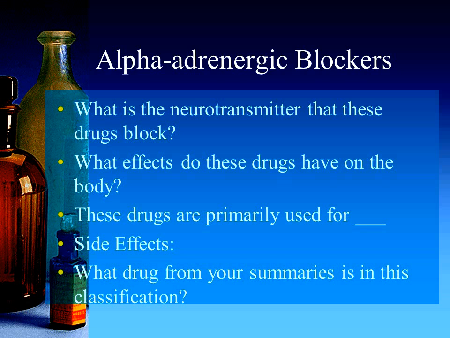If you take norepinephrine out of the body, essentially, or don't let the sympathetic nervous system receive it, what's going to happen? What is the effect of decreasing stimulation of the sympathetic nervous system?